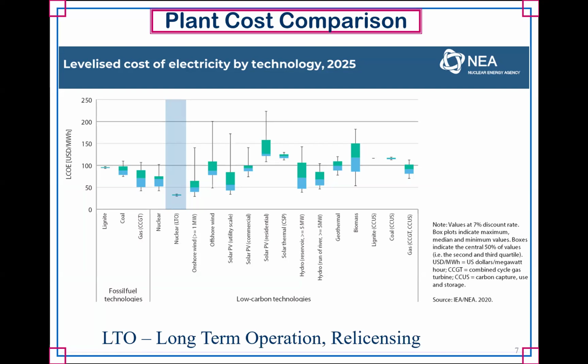Combustion cycle gas turbines tend to be very clean, easy to build, so they can be fairly cheap and somewhat competitive with nuclear. And then we start looking at some of the different renewable technologies, and there's a lot of variance there. So you can get a sense of where the different technologies can compete on a dollars per megawatt basis.